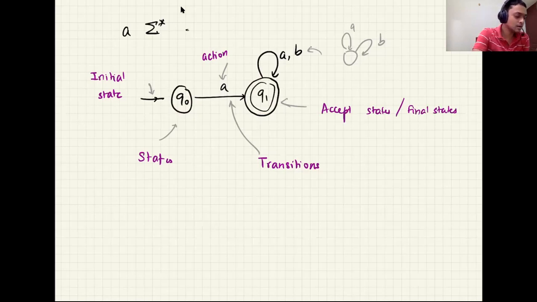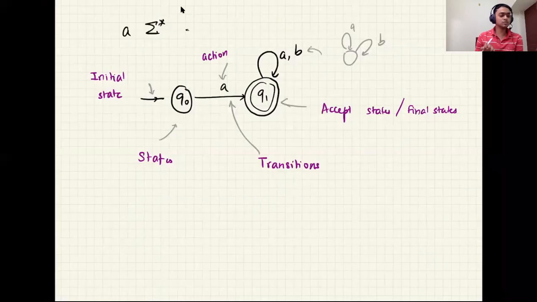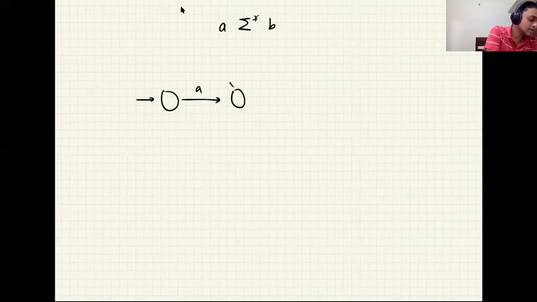Now let's look at the second thing, A sigma star B. It should start with A and end with B. So I start with A. As long as I keep reading an A, I stay here.